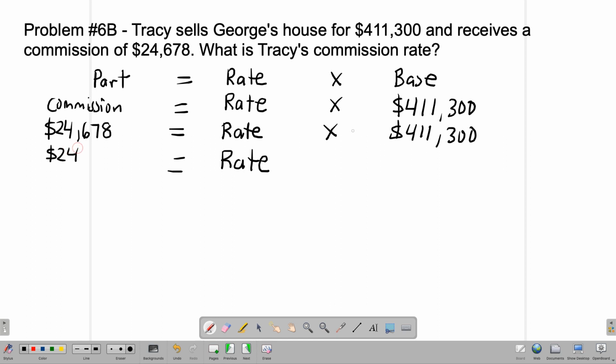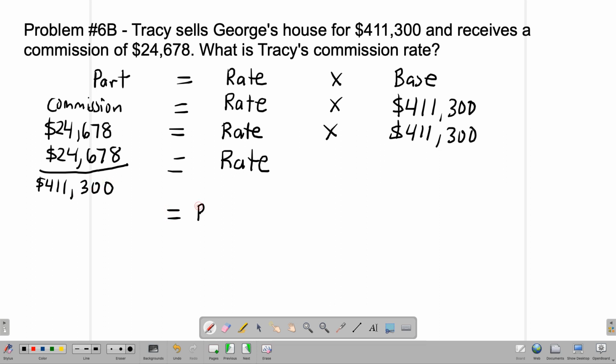And so multiplication, when you convert over to the left side of the equation, is pretty much you divide. So we're going to say 24,678 is going to be divided by 411,300. And this is going to show the rate.